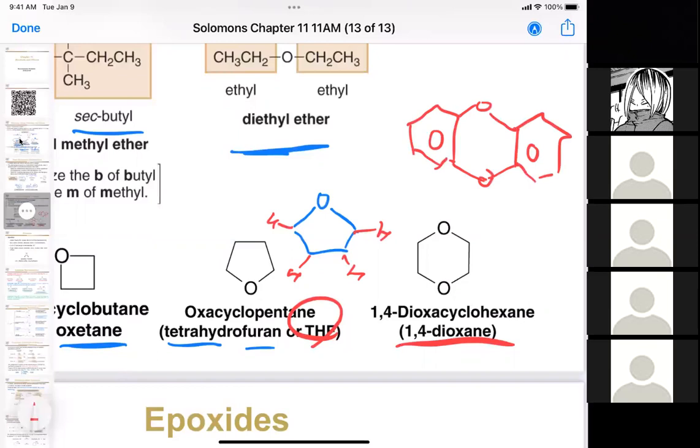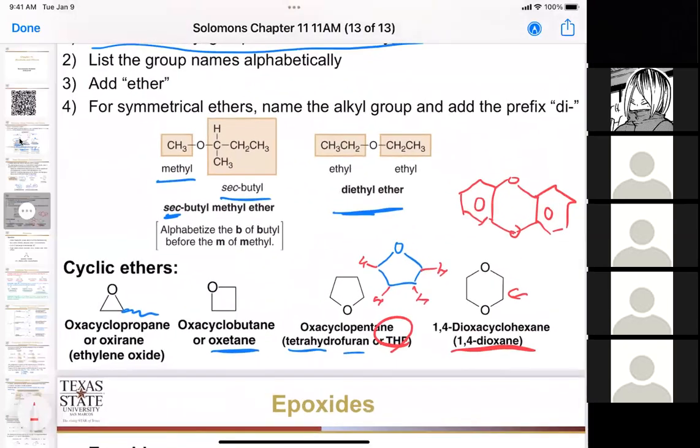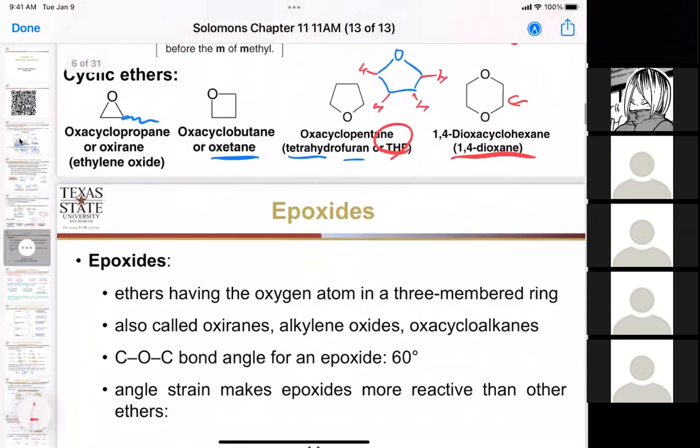That's the stuff that builds up in the environment. This is a pretty decent solvent. And it can also be used as a polar aprotic solvent. Okay, questions on those? I would remember all of those cyclo names, because those are not like the systematic names that we have.